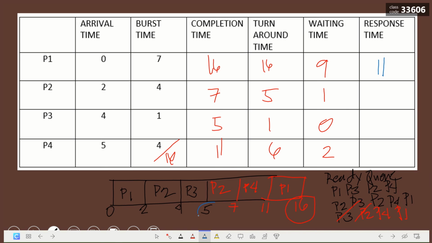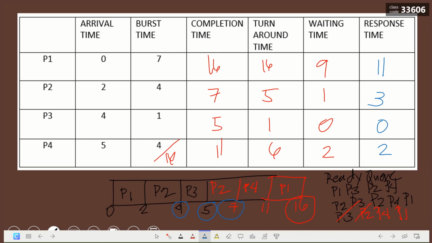P2 starts at 5, so 5 minus 2 is 3. Then next we have P3. P3 starts at 4, so 4 minus 4 is 0. Then P4 starts at 7. So 7 minus 5 is 2. So that is how you get the shortest remaining time first based on the given table.